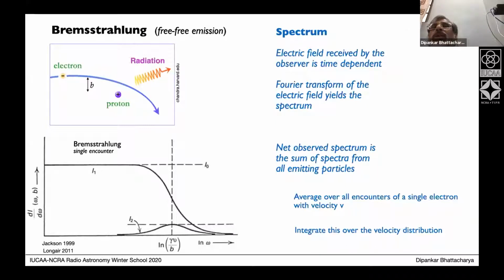So you have to take the velocity distribution and integrate over that as well. So there are these two integrations which need to be done. One is averaging over b, and the other is integrating over the velocity distribution. And that will then give you the full spectrum from a given source.